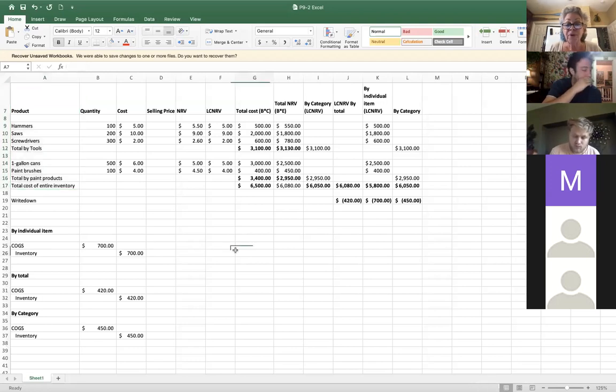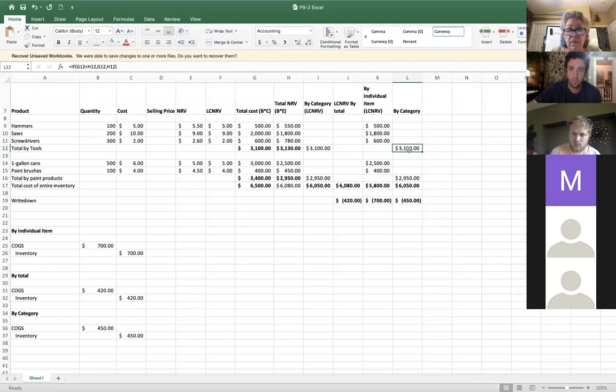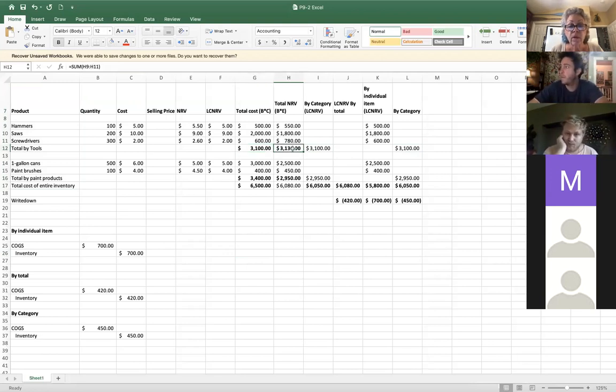Thank you. You're welcome. Could you show the logical statement for by category? The LCNRV one. Yeah, that one. It's the same thing. I just said, if cost is lower than NRV, then put cost.